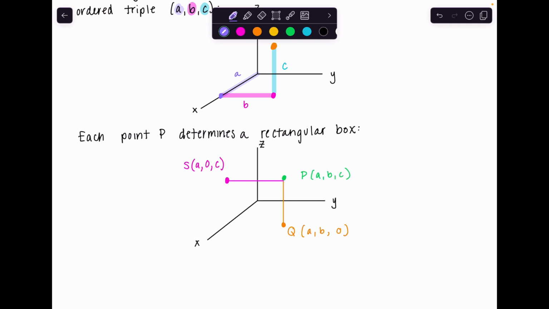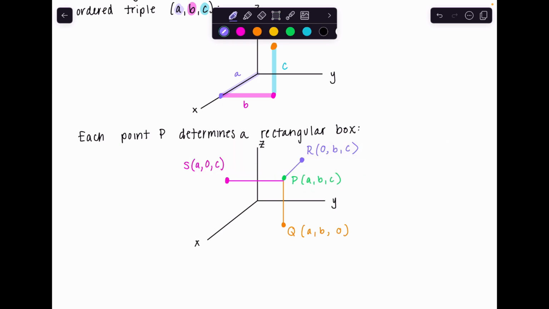And then finally, if we drop a perpendicular back to the YZ plane, let's call this point R, then all we're doing is making X to be 0, and the other values stay exactly the same.